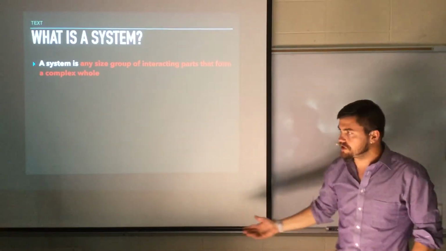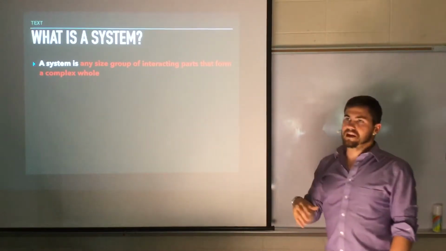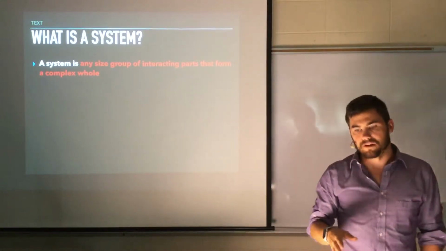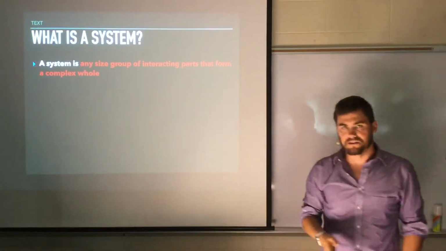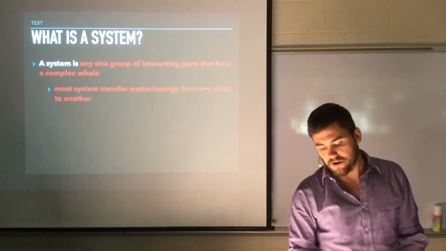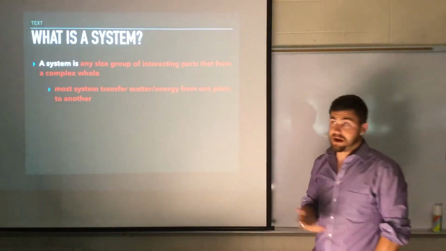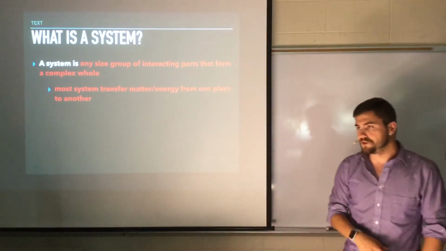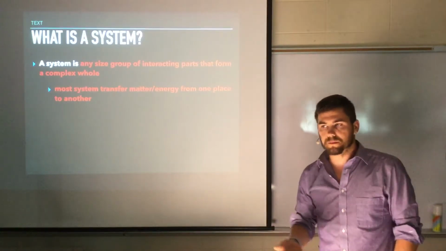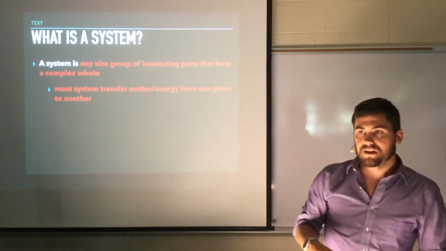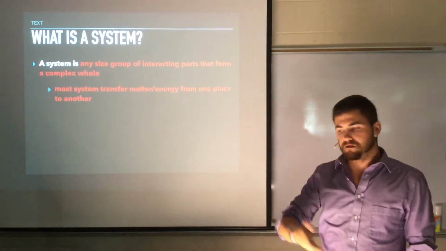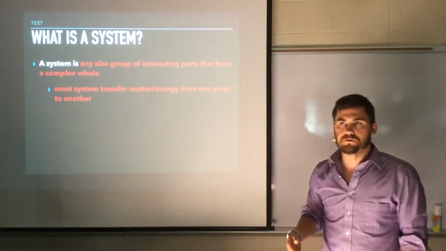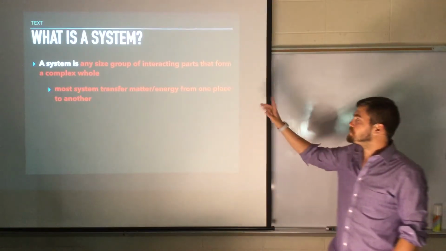So the definition for a system, we could say, is any size group of interacting parts that form a complex whole. It's like your car engine is a system. It's made of many moving parts. They each do only one specific job, but as a whole, they convert that mechanical motion into rotating tires, I guess.